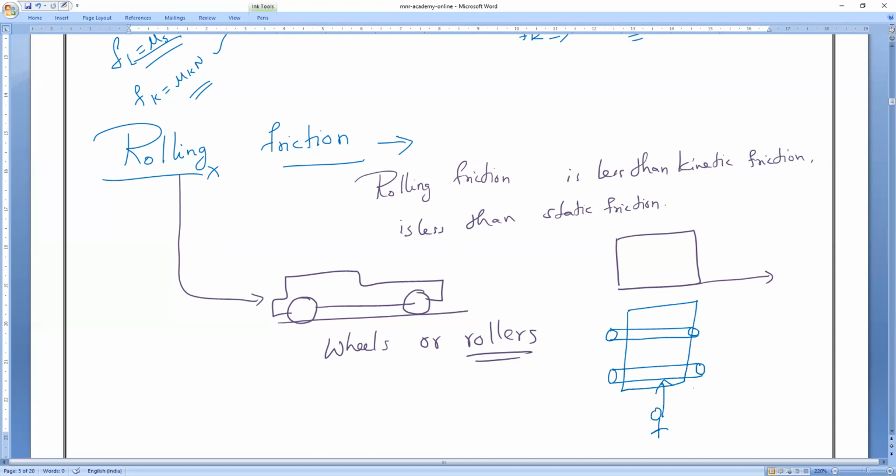So whenever any object is sliding, suppose your car wheels are damaged, is it possible to go forward easily? No, sir. If the wheels are there, then the body can move easily. So it is always easier to roll a body over a surface than to drag it.